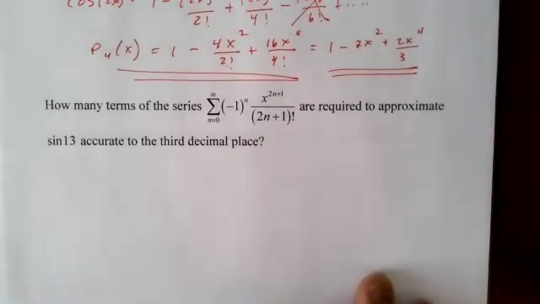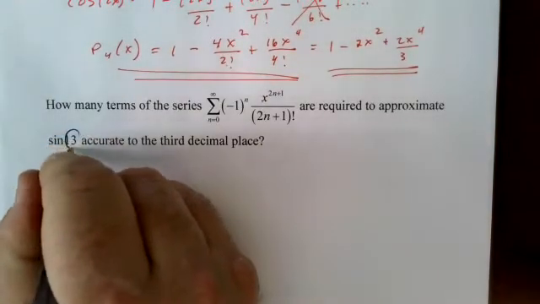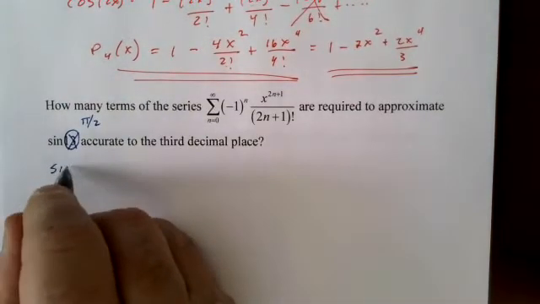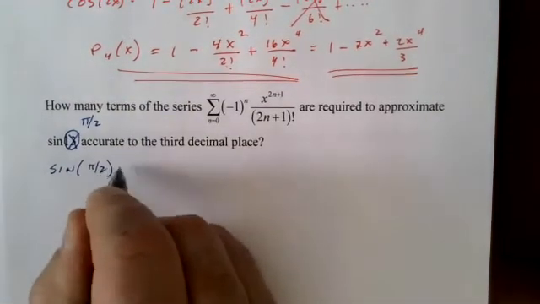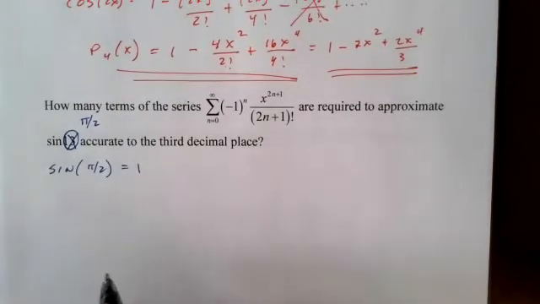It's just neat. Okay, how many terms required to approximate, I don't know why you set a 13, that's a crazy number, sine of pi over 2. That makes a lot more sense. Sine of pi over 2, according to my calculator, is 1. So now we're going to put those terms in.